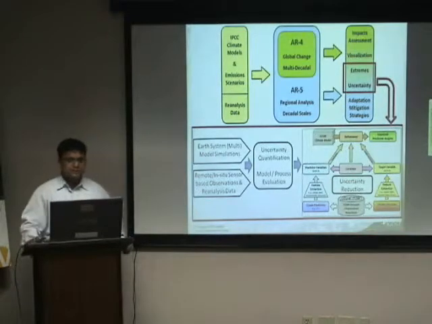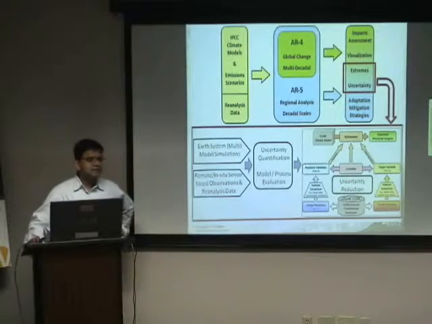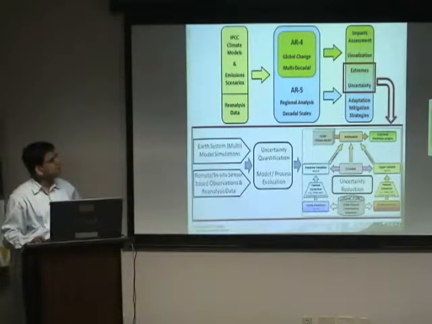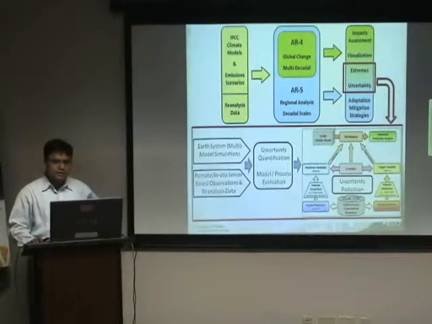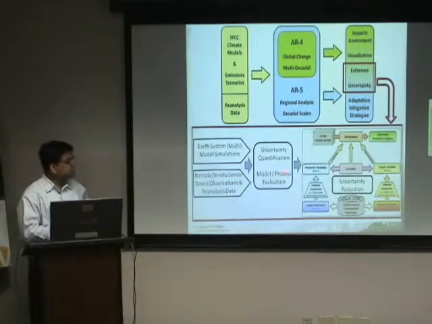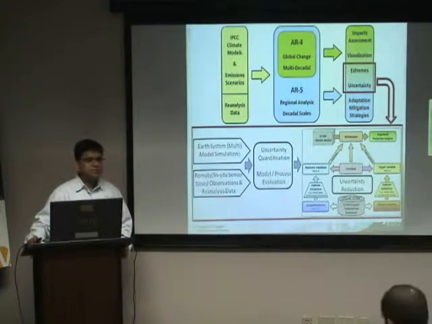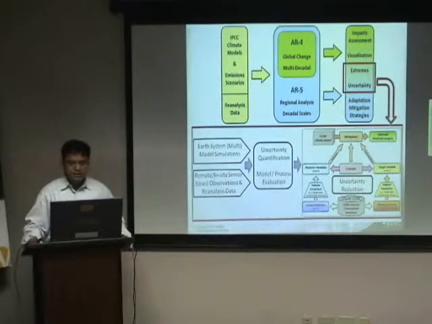All this says is that, because there is a need to translate the science to impacts more and more, the focus is shifting quickly to regional analysis, decadal scales, and understanding of extremes and uncertainty. That means evaluating models and individual processes along with their uncertainties, and trying to reduce this uncertainty in some way.